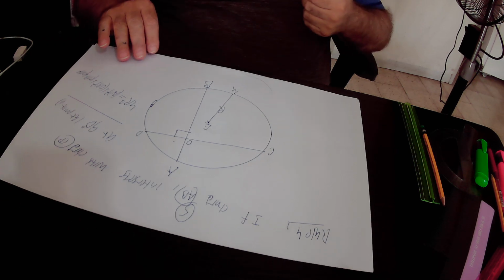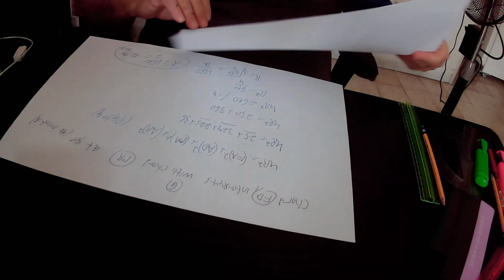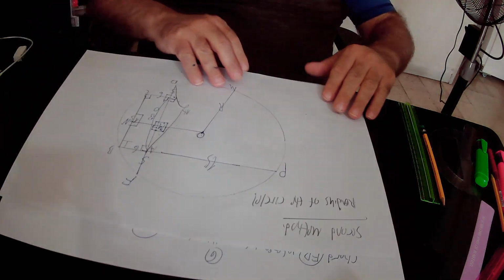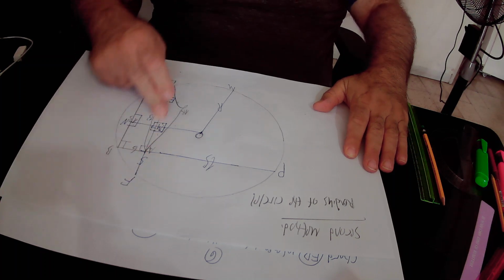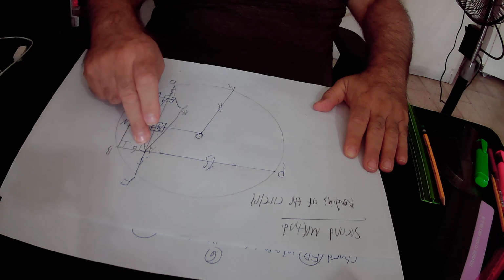Actually, we can implement this rule number 4 in our drawing. Why? Because in our drawing we have chord FD that intersects with chord PB at 90 degrees.